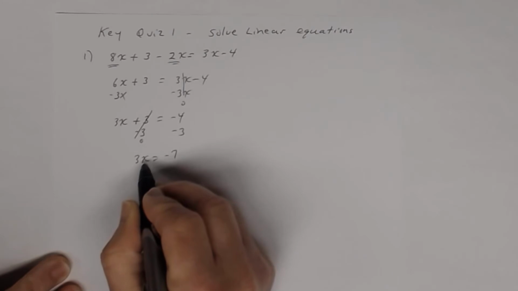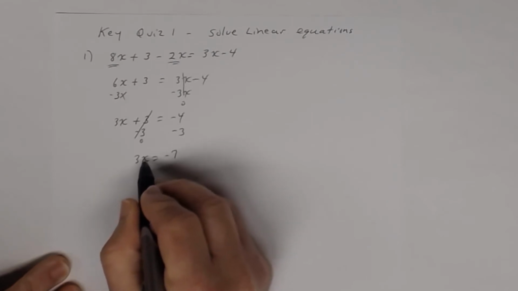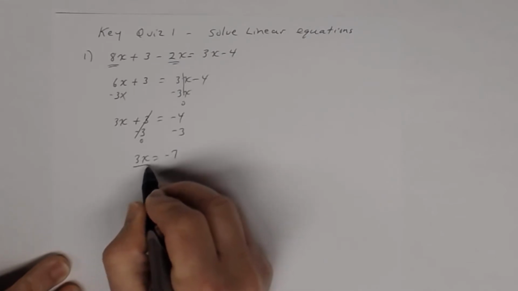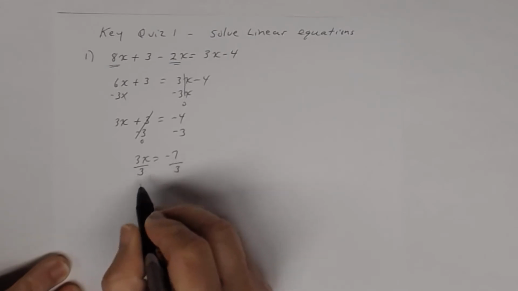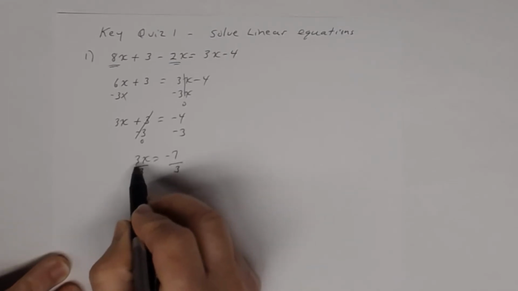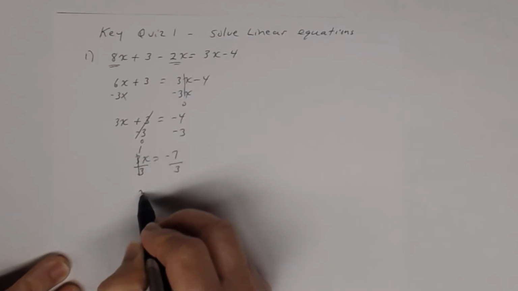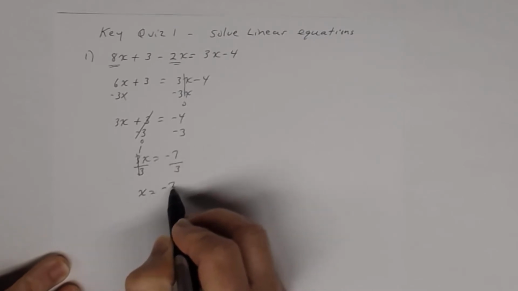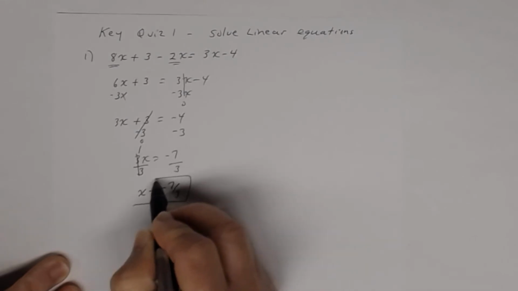So notice that the 3 here is the coefficient of x, and notice the operation is multiplication. 3x is 3 times x, and the opposite of multiplication is division. So I'm going to go ahead and divide both sides by 3, and then simplifying, I get 3 divided by 3 is 1. 1 times x is x, equal negative 7/3, and I cannot simplify negative 7/3, so there is my answer.